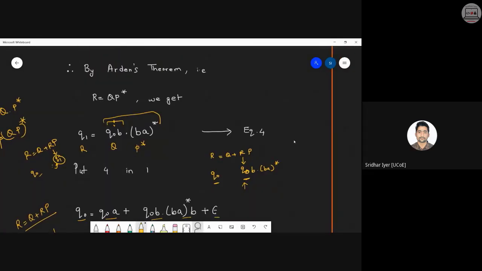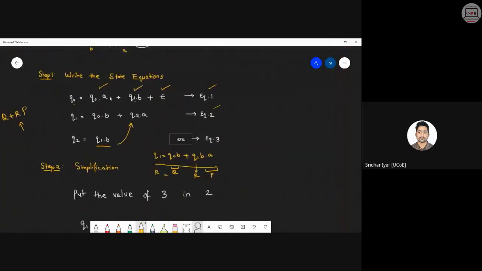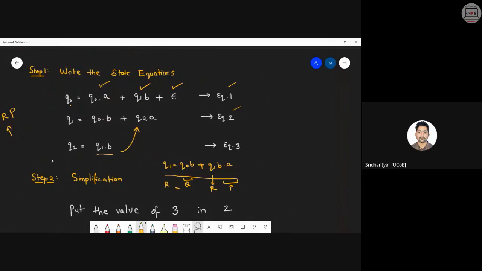That is 5 in 4, and whatever value you get, put that in 1 and you will get Q. Put that in this 3. So basically, the substitutions will be: put 5 in 4, and then whatever result you get, assume that as 6, put 6 in 3. 5 in 4, 6 in 3, and you will get the answer.